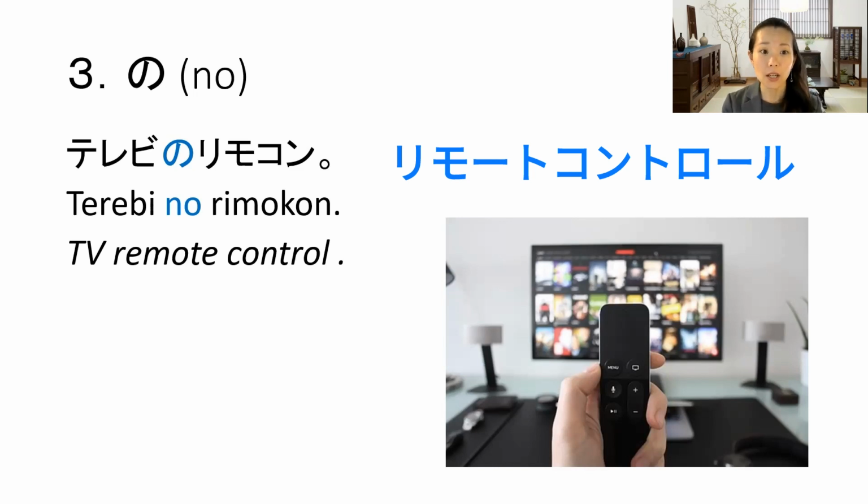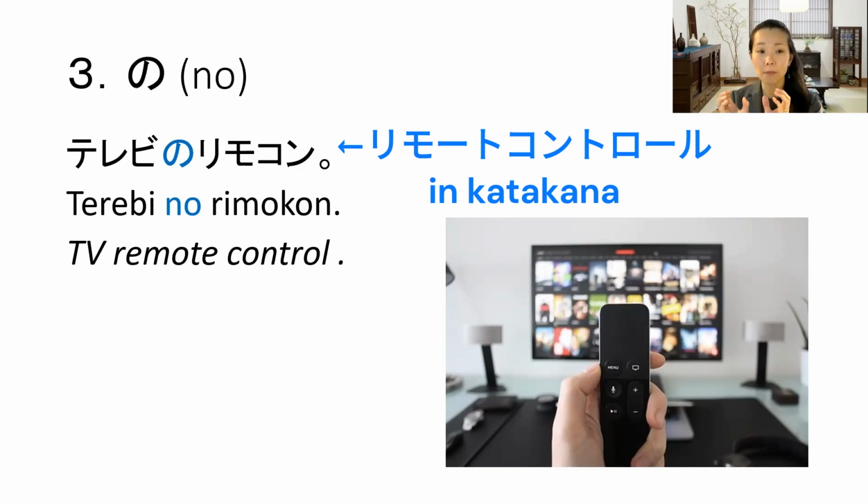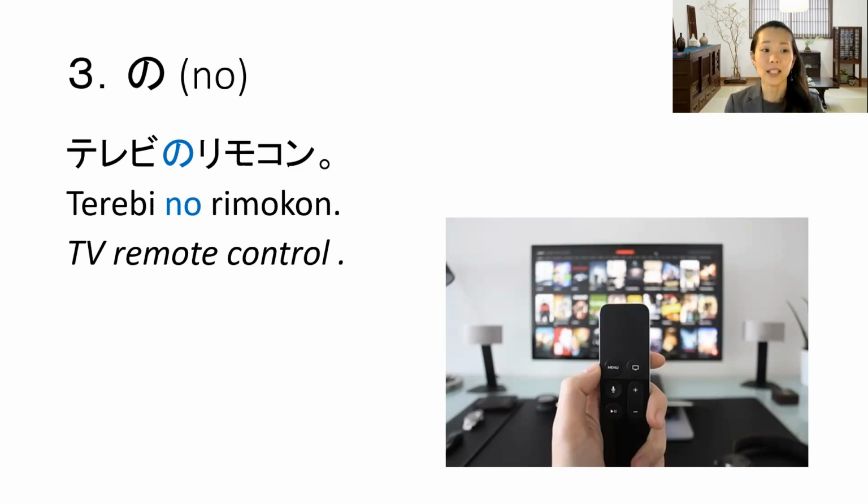Remote control is a Japanese way of saying it, but we made it shorter. Sometimes words are made shorter. Take remote and con, then combine them. That will be リモコン. So that means TV remote control.